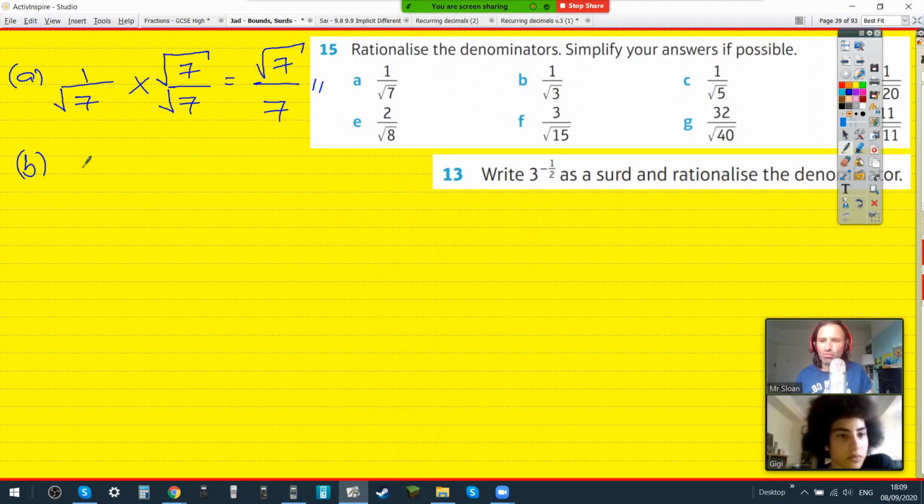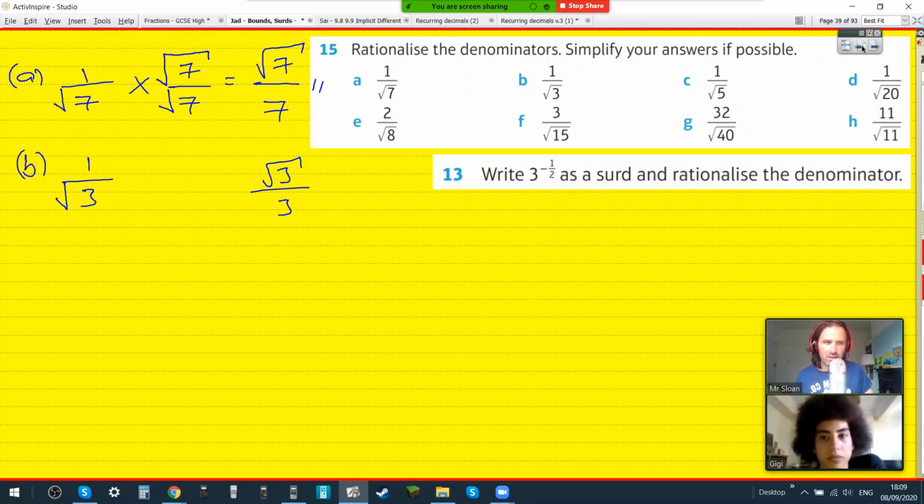B. It will be 1 over 3. I mean, root 3 over 3. Well done. C. Root 5 over 5. Yeah.